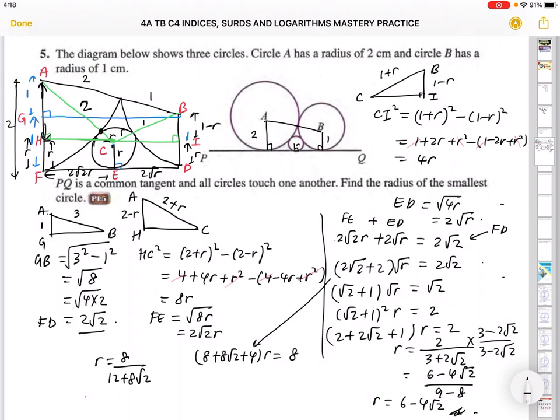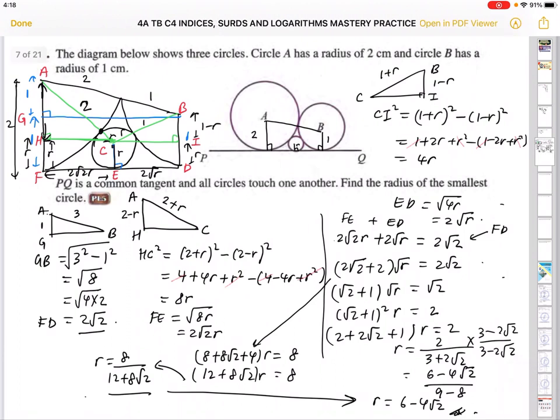Then they simplify this, 12 plus 8 root 2 R equals to 8, and then they divide to get this answer. But we know that this is not a good answer, because number 1 you can still divide by 2, number 2 you can still rationalize the denominator, so I think we should go on and solve it and simplify it to get this answer. Okay, right? I would say this question is quite tough for Form 5 SPM level, right? Okay, so let's move on.